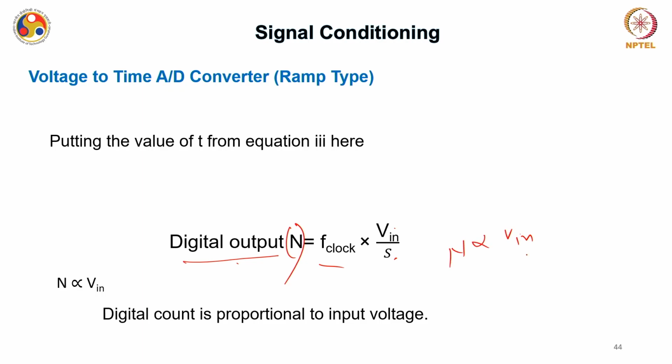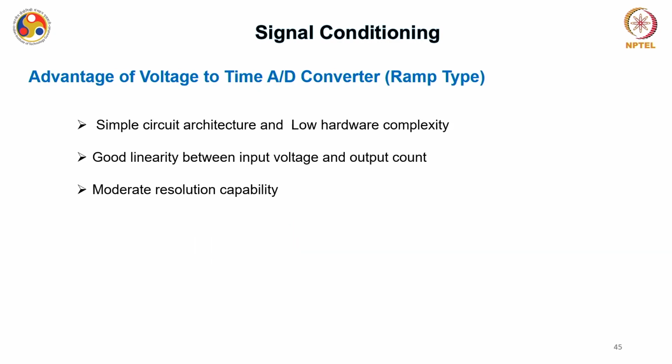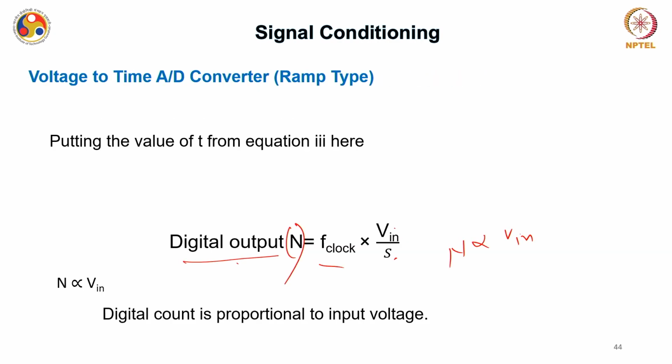We can say that the digital count is proportional to the input voltage, and the ultimate aim of this analog to digital converter was doing this. So now I have a digital output which is proportional to whatever analog signal I am feeding at the input.